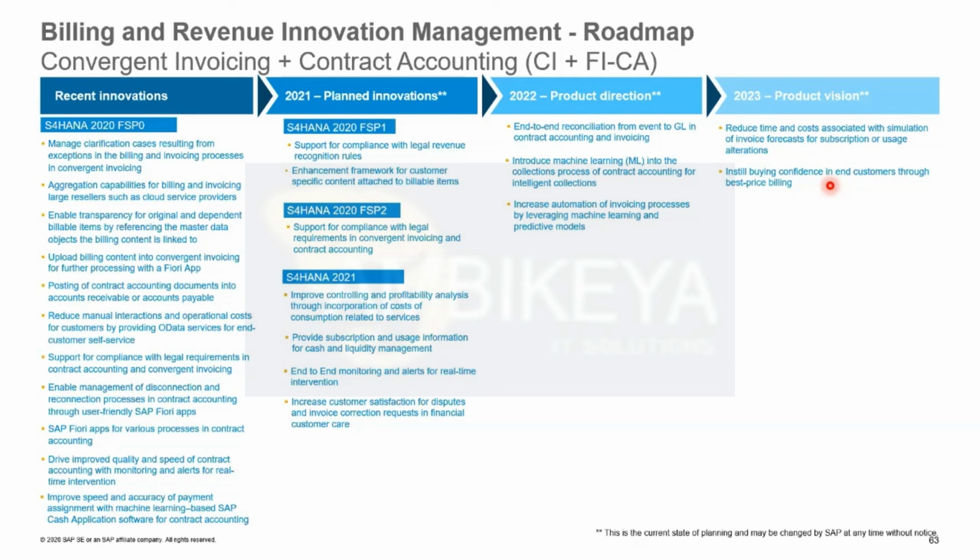This is also not trivial, having all the simulations of the invoice calculation for these various tariffs, and also proving that to the end customers. In general, you see that the portion we have on the left-hand side for the recent innovations is much bigger than we have as a product vision.